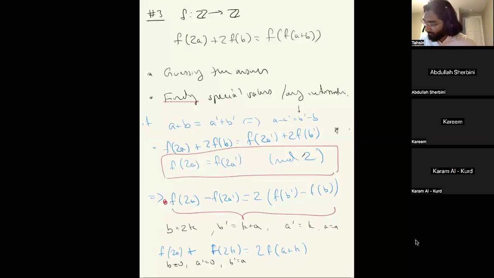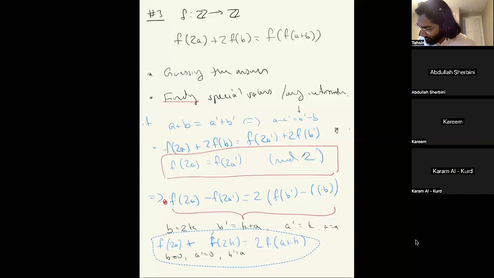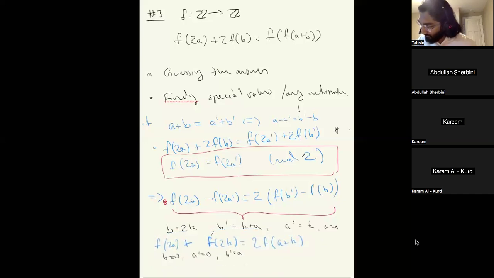Okay, good. So now what do we get? f of 2a plus f of 0 equals f of 0 plus f of 0... we can cancel, so f of 2a equals 2f of a. Okay, great.